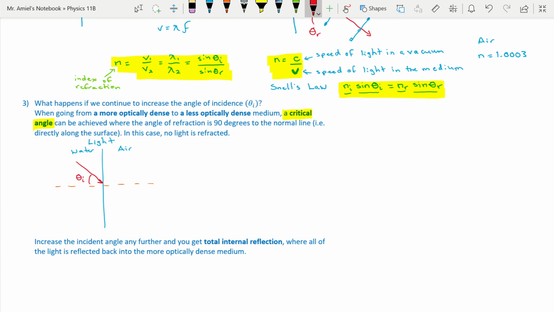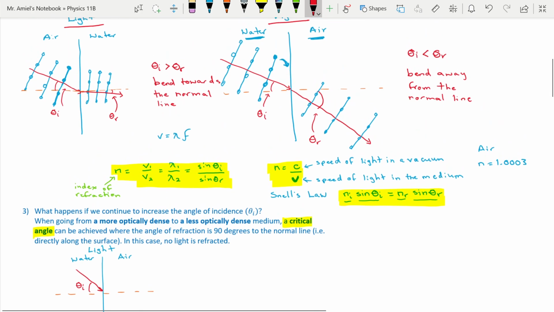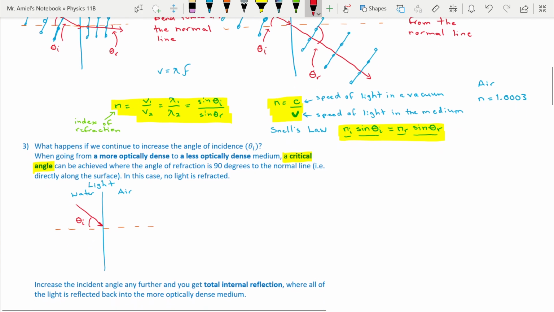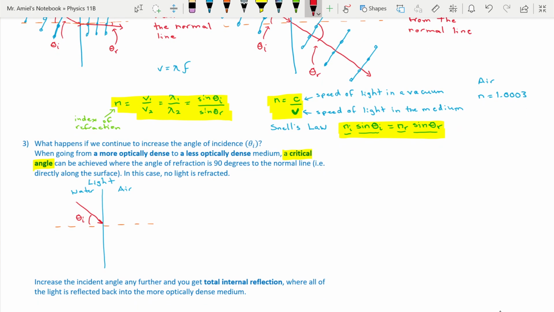Now, again, from what we just talked about, are we going to bend toward or away from the normal in this case? Well, if we go back up to what we just talked about, we said when we're going from more dense to less dense, we're going to bend away from the normal line. So we can actually have an angle, and it would probably be a little bit steeper than that.